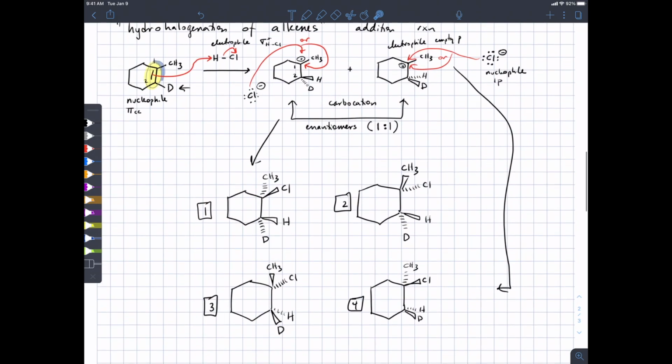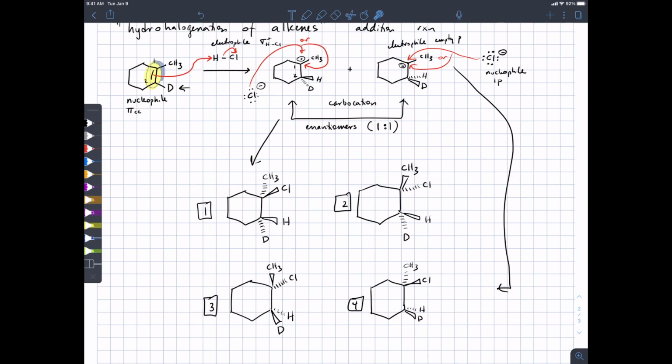Notice we do not get any of the outcome where hydrogen ends up on carbon 1 and chloro ends up on carbon 2. We are totally regioselective for having the Cl end up on the more substituted carbon, but we get all of these stereochemical outcomes.